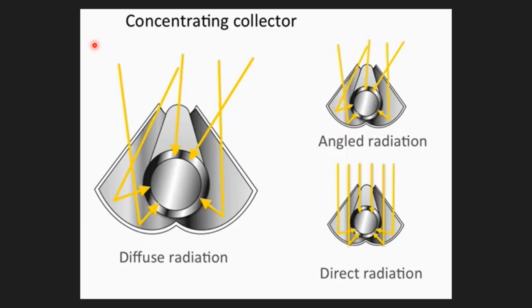Talking about the second type, it is the concentrating collector. What exactly happens is there is no grid system of pipes. We have a single pipe around which parabolic or curved shaped reflectors are placed, so that solar energy coming from various angles could hit the surface and be reflected onto the pipe, and thus the fluid inside gets heated.